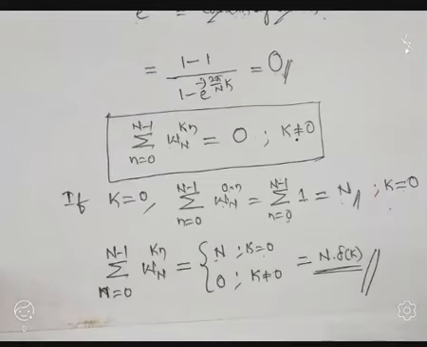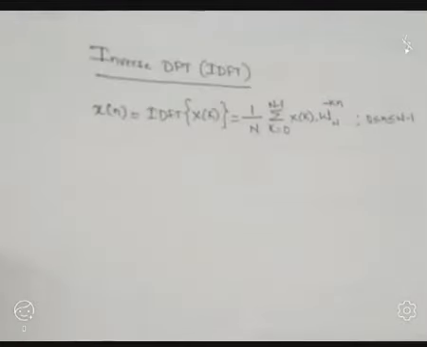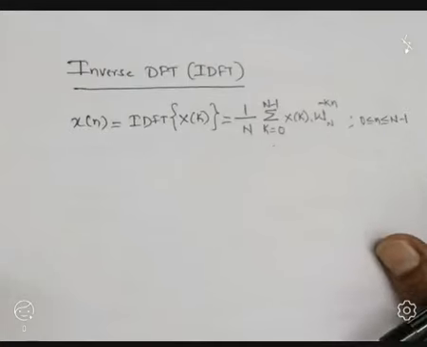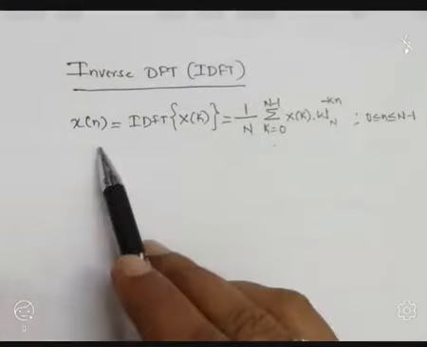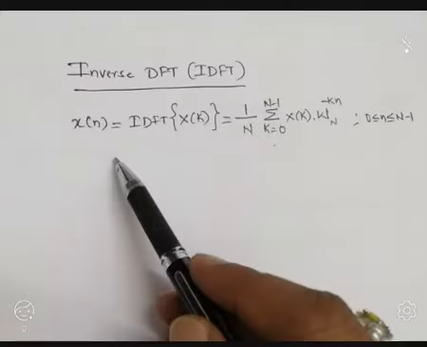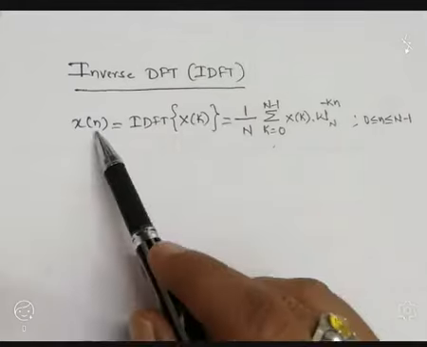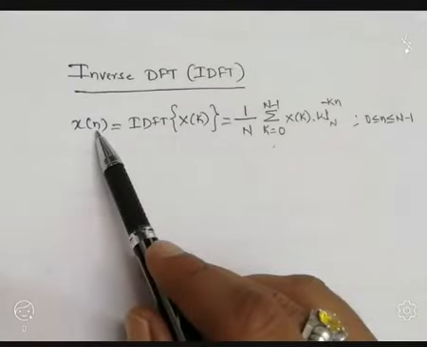This example we are going to make use of in the definition of inverse DFT. So let us discuss inverse DFT, IDFT. It is the definition of IDFT. The inverse DFT formula is given by x of n equal to IDFT of X of k. x of n is the time domain discrete time signal, and X of k is the frequency domain.